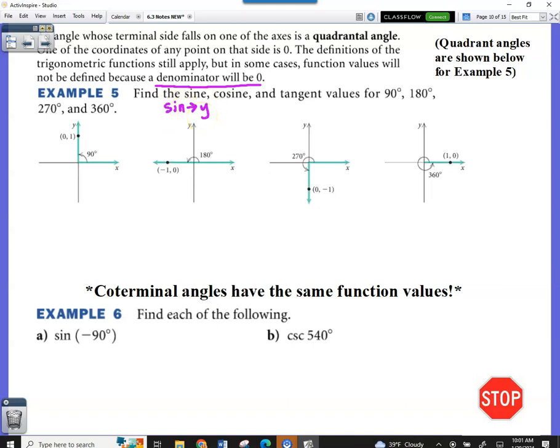We talked about that. We said sine opposite, so like opposite, right? The height. Cosine refers to the x coordinate. And then tan refers to y over x.